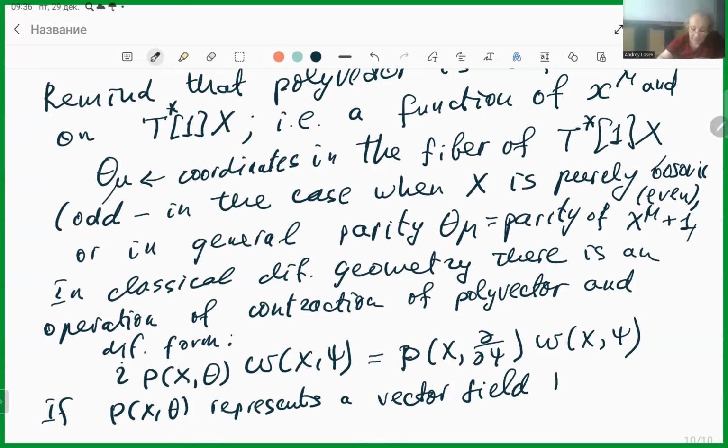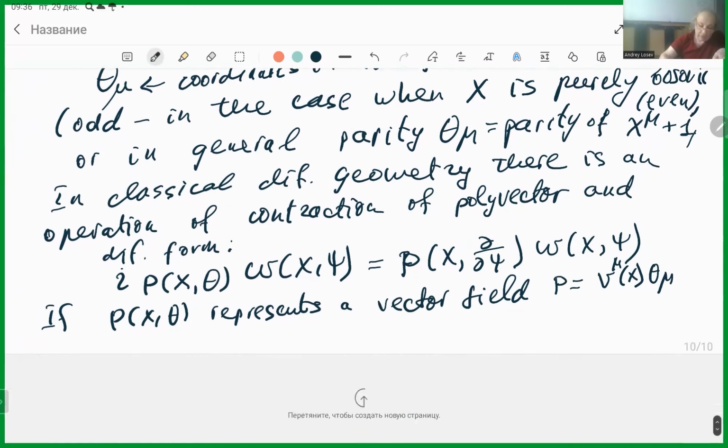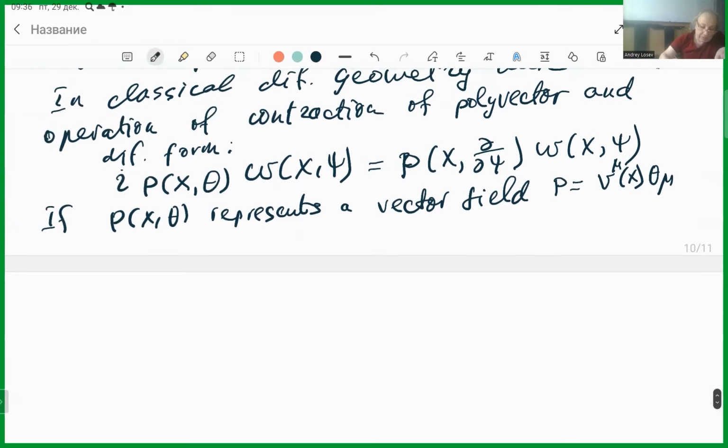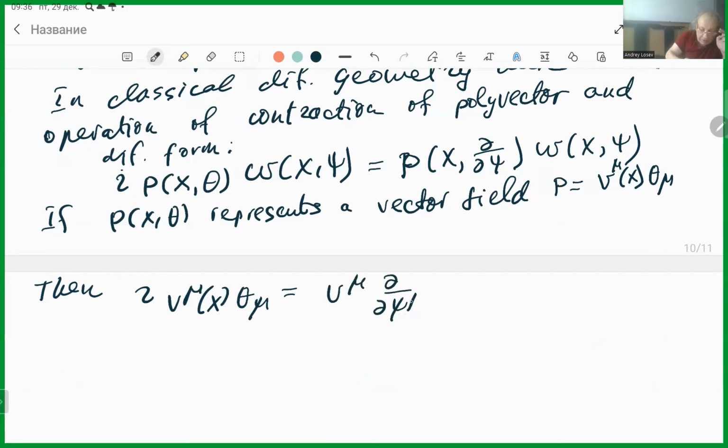That is, P is V mu of x theta mu, then iota of V mu of x theta mu is V mu d over d psi mu.